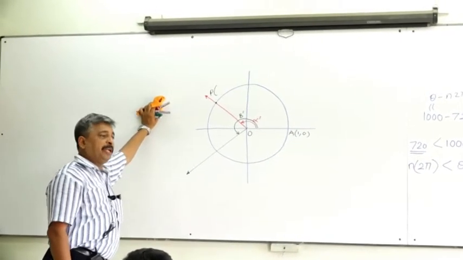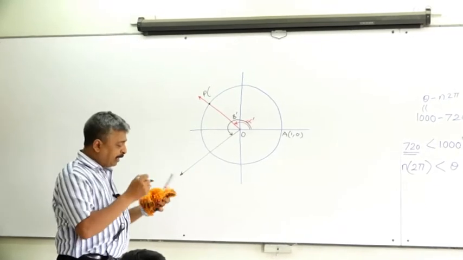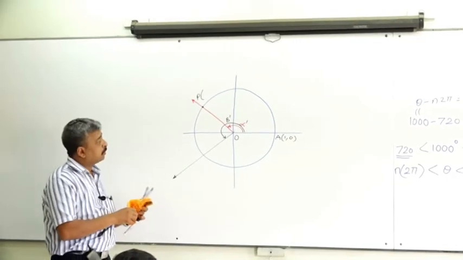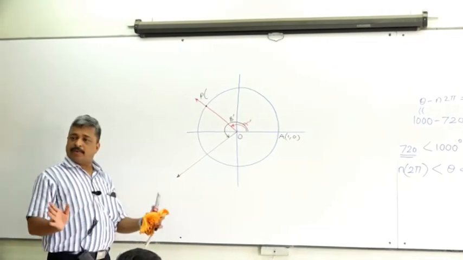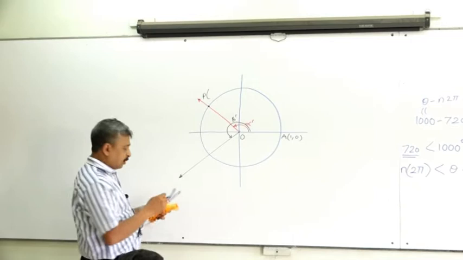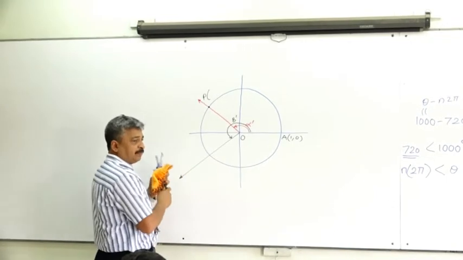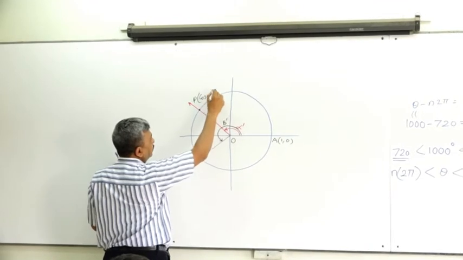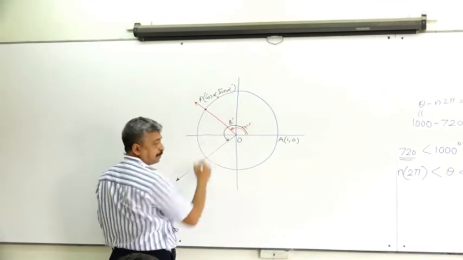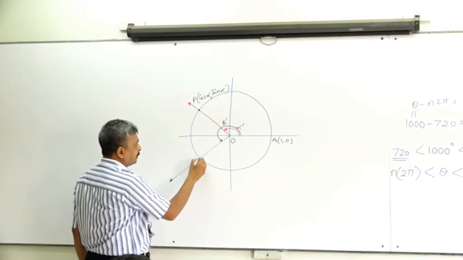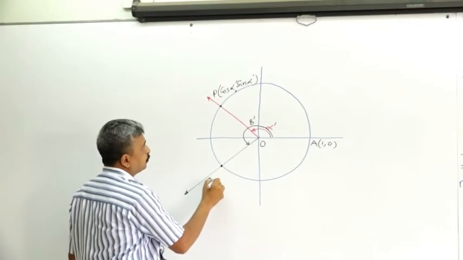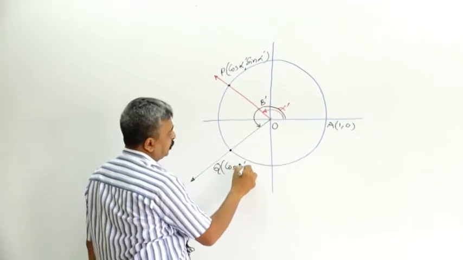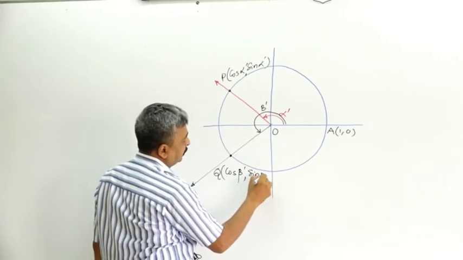Therefore, can you tell me in terms of trigonometric ratios the coordinates of P? What are the coordinates of P? Cos alpha dash, comma, sin alpha dash. What will be the coordinates of Q? Cos beta dash, comma, sin beta dash.